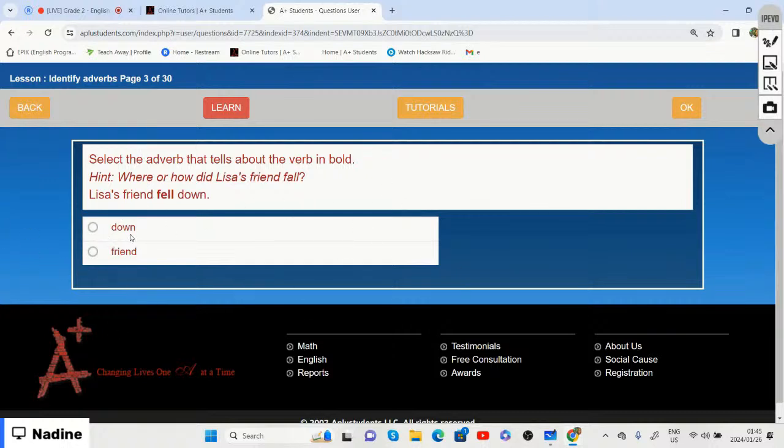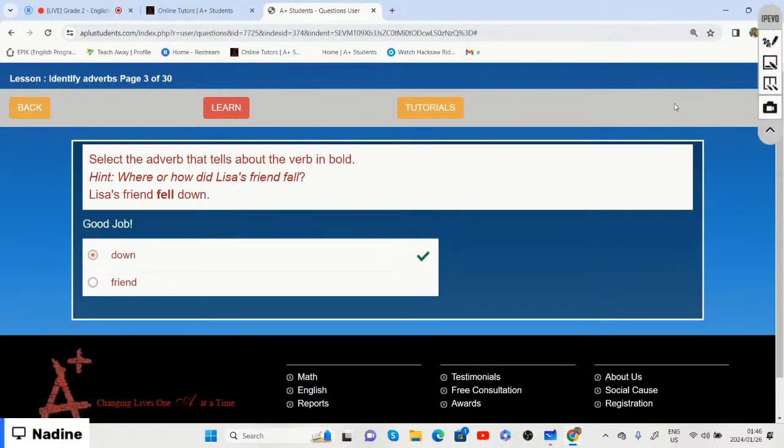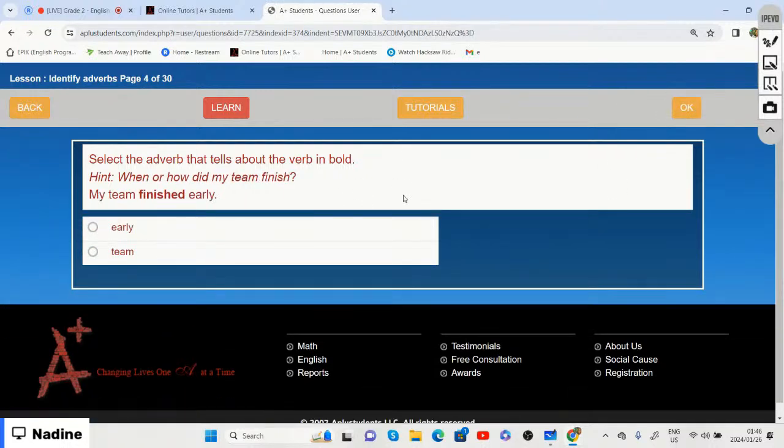And we can say Lisa's friend fell down. And down is correct, right?